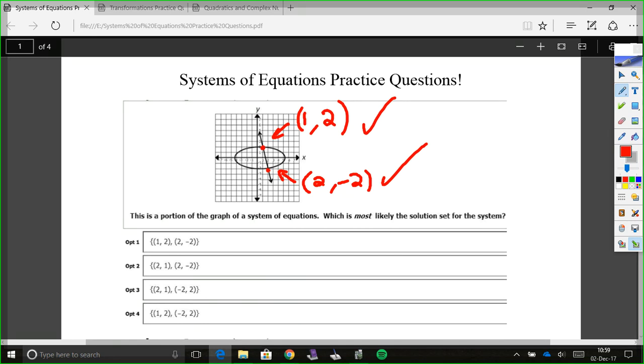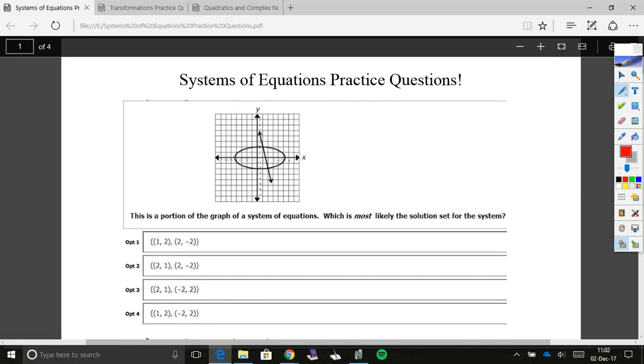That's all the system is. It's where the lines cross, which is why on a graphing calculator this will be a lot easier because we'll be able to graph our systems, see where they cross, and then call it a day. But if you don't have a calculator, doing this by hand is much longer. But we're still capable of it, okay? So the answer to this one is option 1.